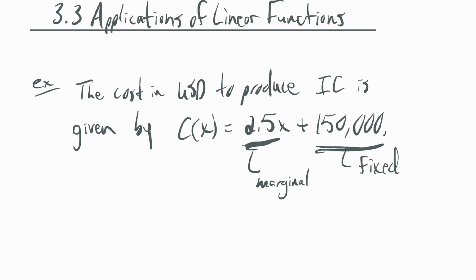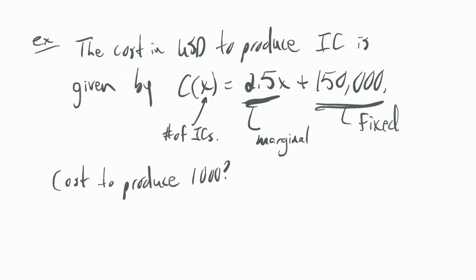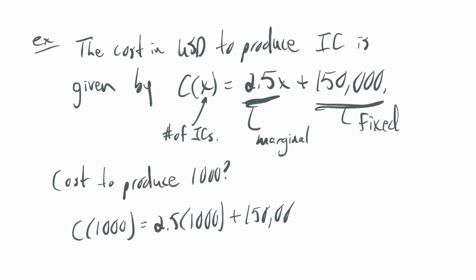So then we can look at what would be the cost of producing 1,000 of these things. I didn't write this out, but x is the number of integrated circuits. So what's the cost to produce 1,000? Well, you would plug 1,000 into the function. So C of 1,000 would be 2.5 times 1,000 plus 150,000.